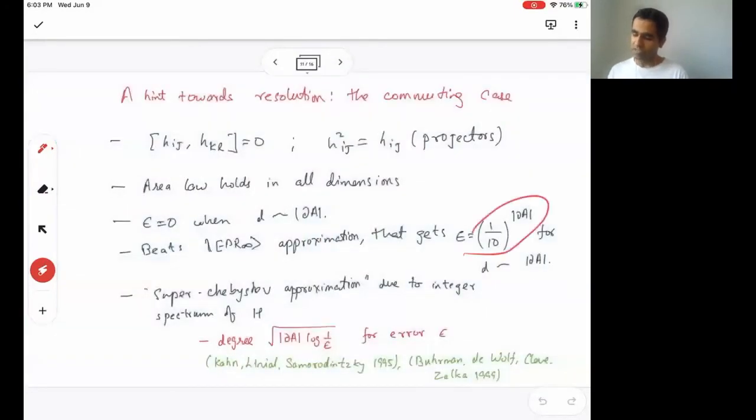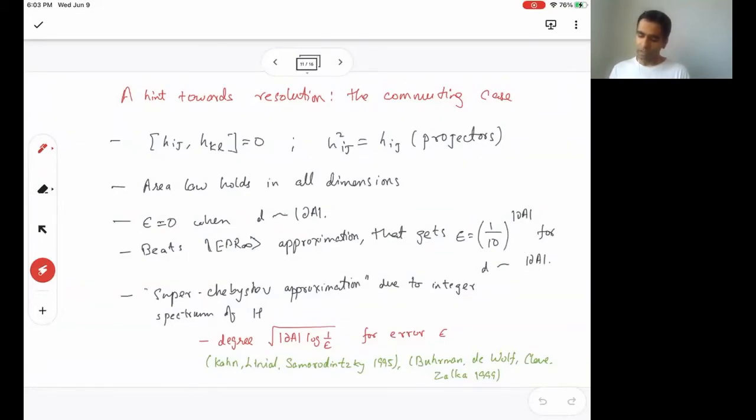So this approximation I would get with a certain degree, linear in area, but for commuting Hamiltonians, I can get a 0 error at this degree. So it's sort of a sign that if we followed the construction of this commuting Hamiltonian, we would get an intuition for how to beat the Chebyshev barrier.